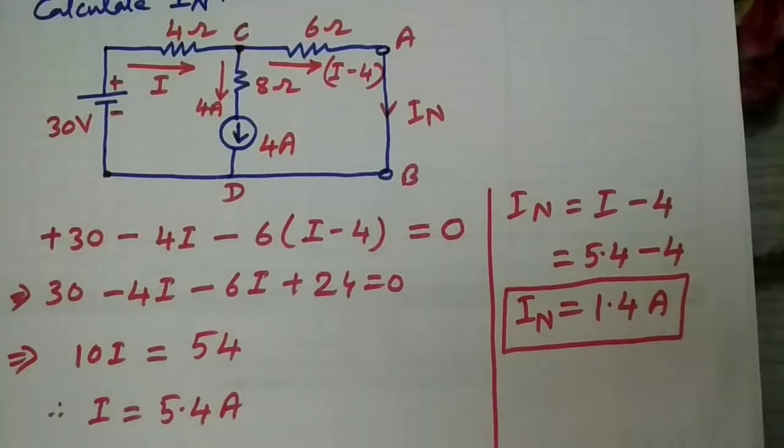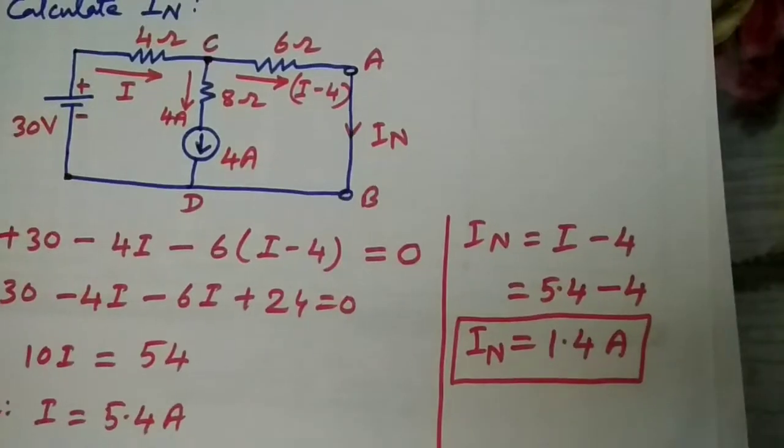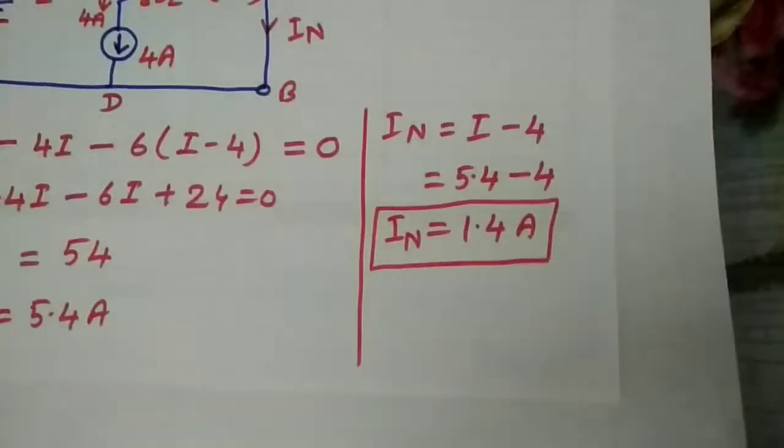In the next step, we have to draw the Norton equivalent circuit and then we have to calculate the current through the load resistance.